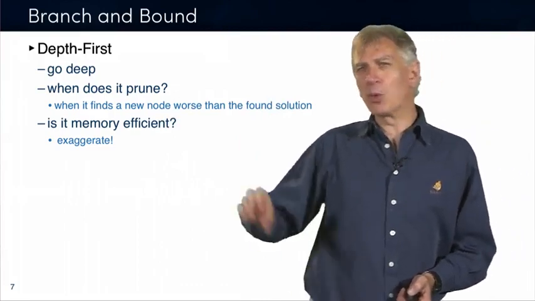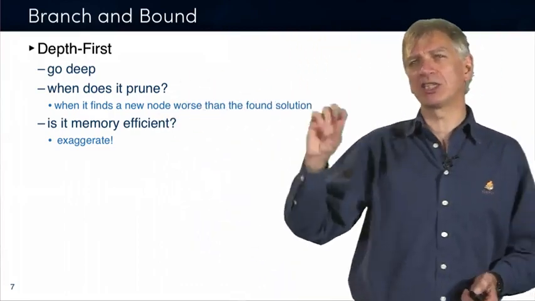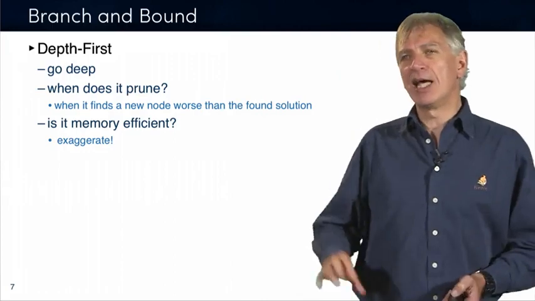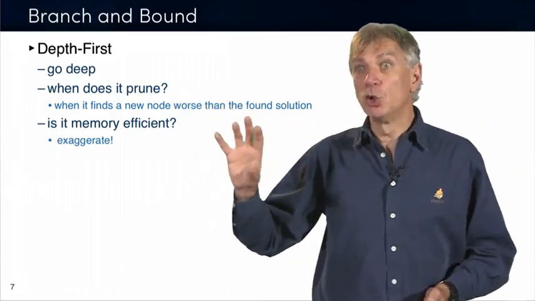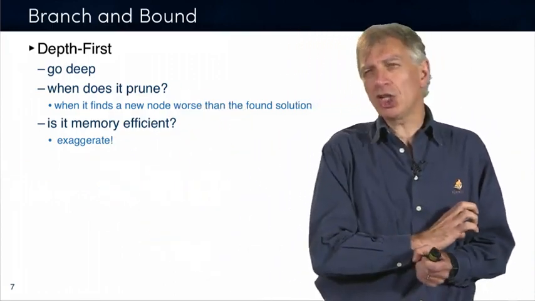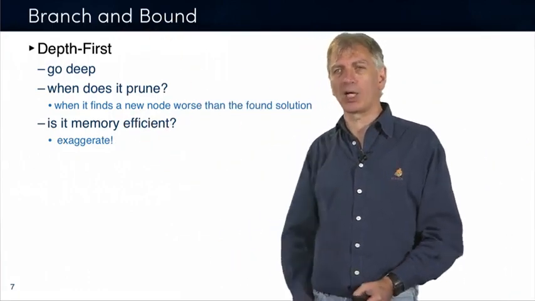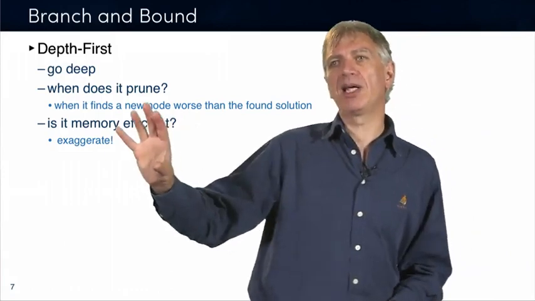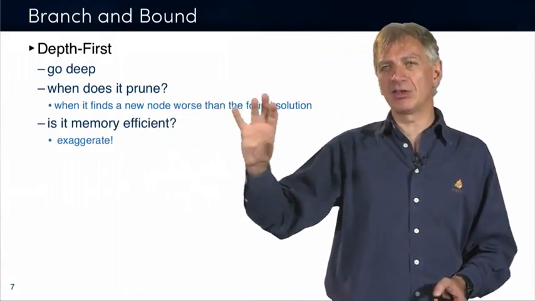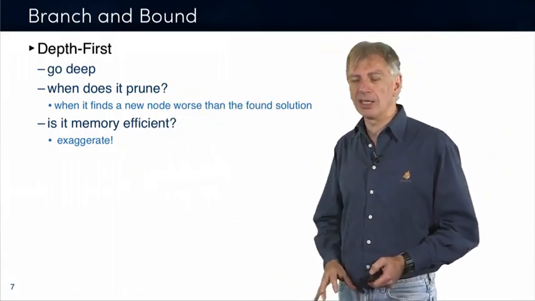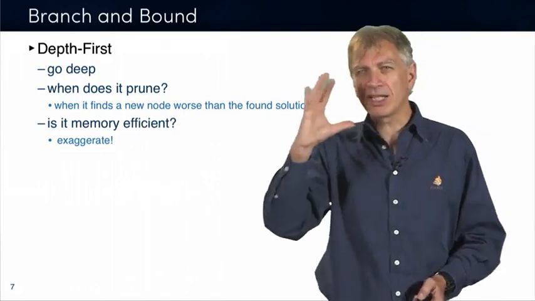I'm going to always ask you questions like this during this class. And the key idea when you want to answer them is you have to exaggerate. So just assume extreme cases and try to see how these things are working. So how much space is a depth first branch and bound going to take? Can you find the answer to that?